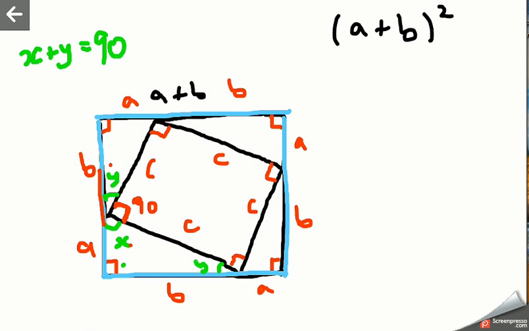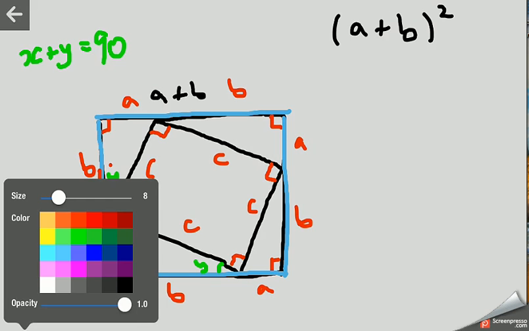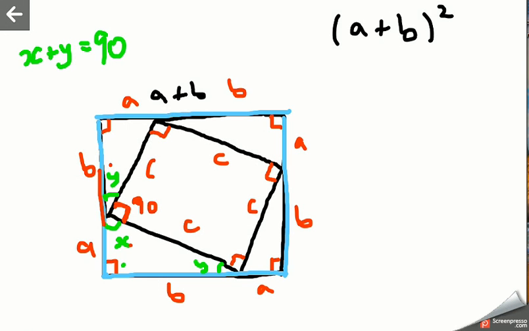But that's not the only way we can calculate it. We can also calculate it by summing together the area of the shapes in the middle. So we're going to calculate the area of this triangle.